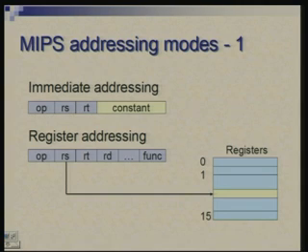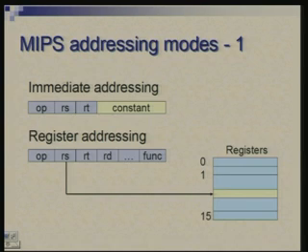Next addressing mode is register addressing, where one of the register fields, which is a 5-bit field, can specify, again I have numbered 0 to 15, take it as 0 to 31, one of these registers. So, the operand or the destination of the result is in the specified register. Now, the first addressing mode, the immediate addressing mode, is applicable to only operands, not for the result.